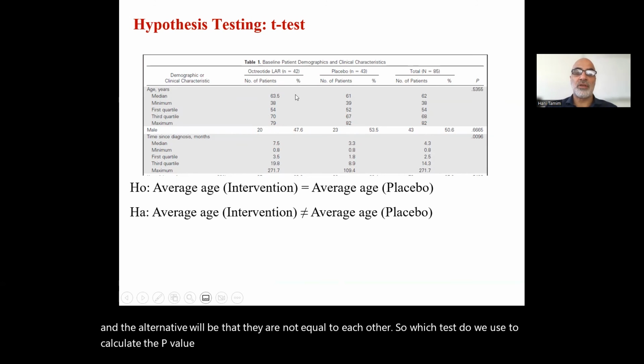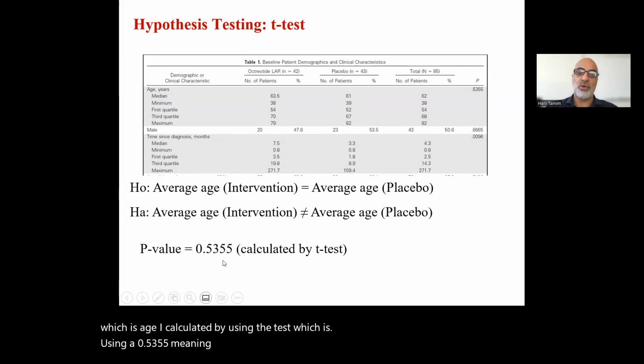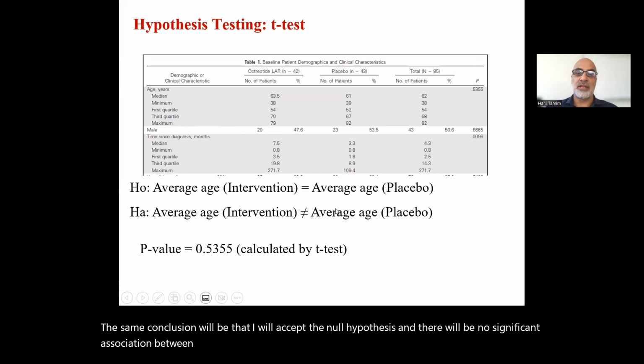Because I have one categorical, which is the group, and one continuous, which is age, I used the t-test, which yielded 0.5355, meaning a p-value more than 0.05. The conclusion is the same: I accept the null hypothesis, and there is no significant association between age and the intervention.